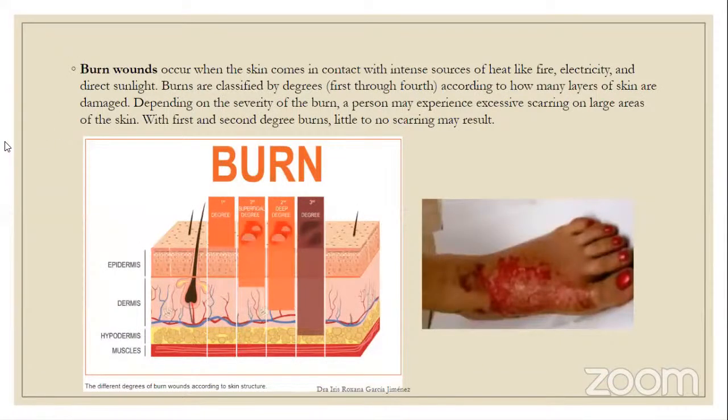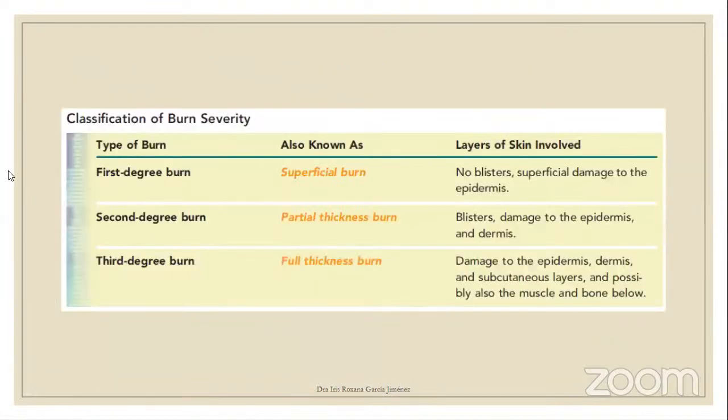The burn wounds, burning, okay, occur when the skin comes in contact with intense sources of heat like fire, electricity, and direct sunlight. We all know about burnings, okay? Now we have this classification of burn severity, just text information in order to catch vocabulary.